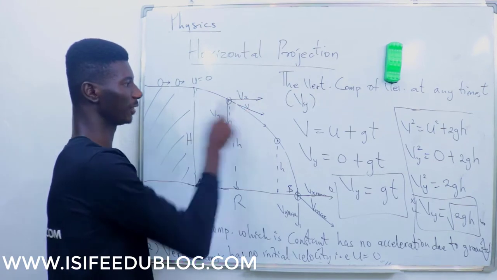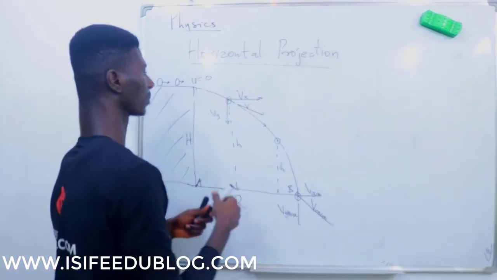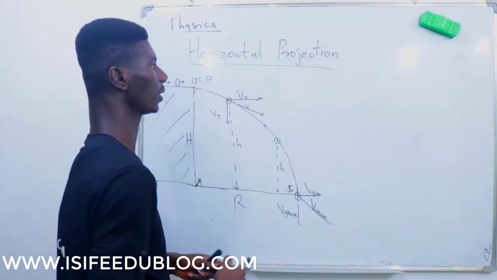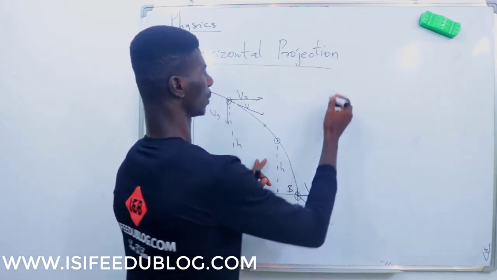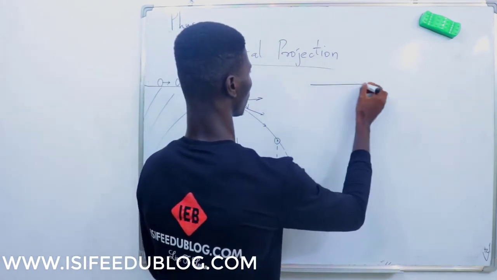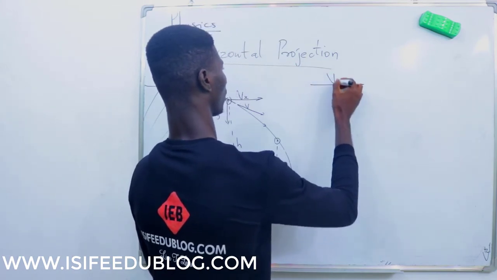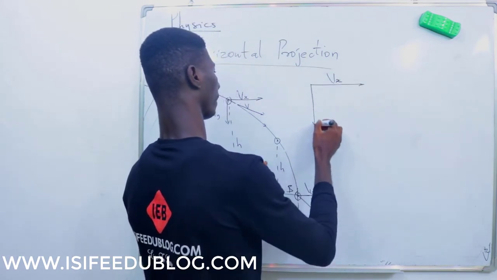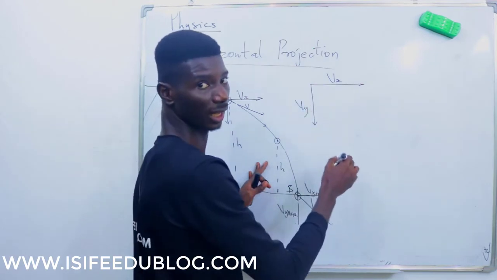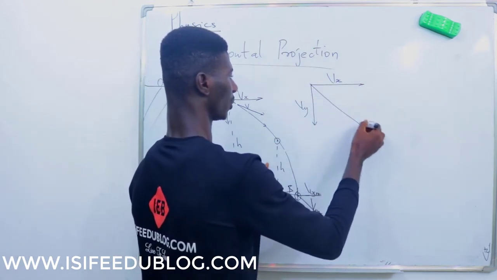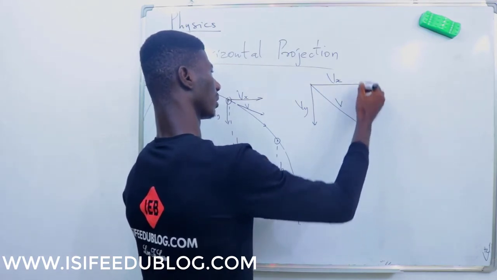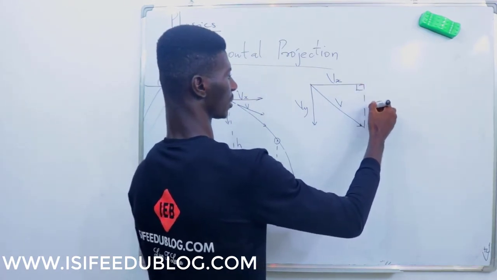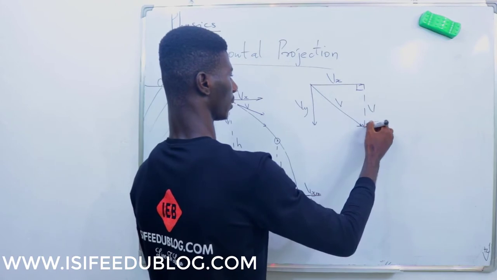Now, how do we get v? Now, v is the resultant. So following vectors, if we bring this out, all we have is this: Vx, Vy, then we have V. So if you complete this, here becomes also Vy.